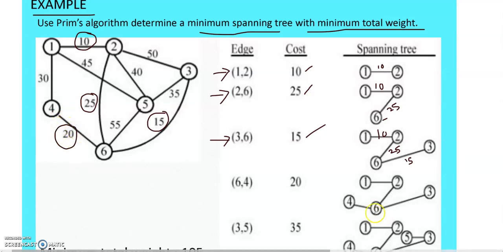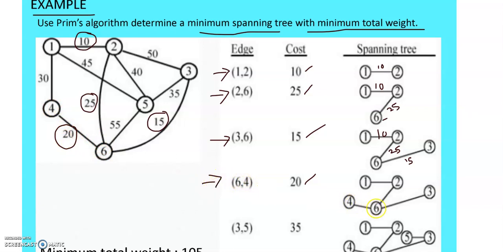Second, it should not create a cycle, and it should be connected. Okay, so now 20. Yes, you can select 20 because this is from 6. So from vertex 6 it is connected with the vertex 4 through this edge with weight 20. So I can select this edge 6, 4.